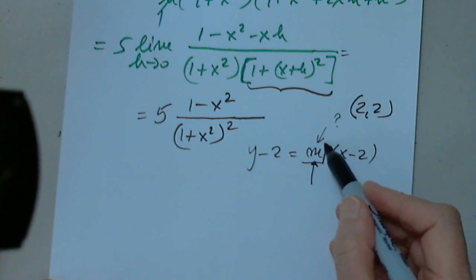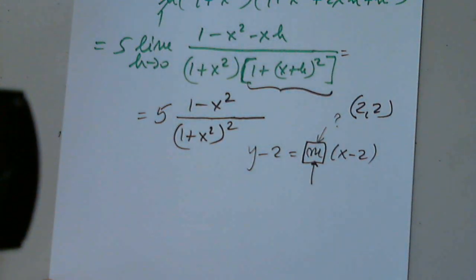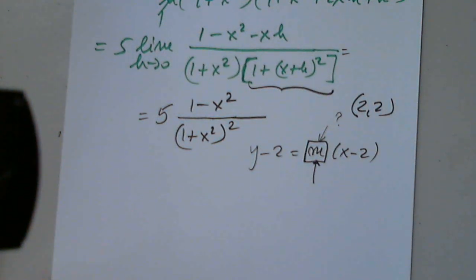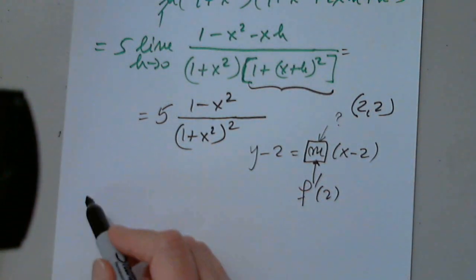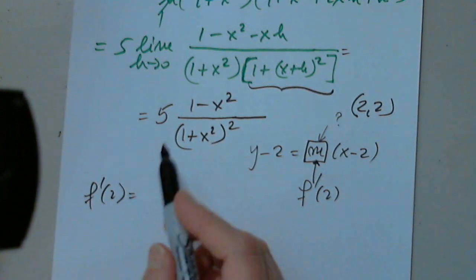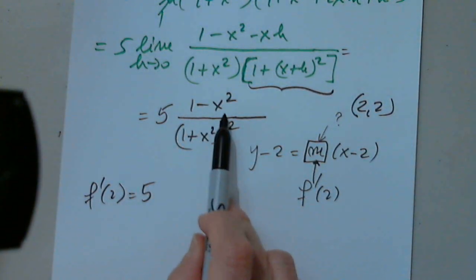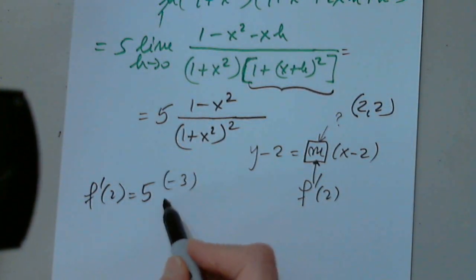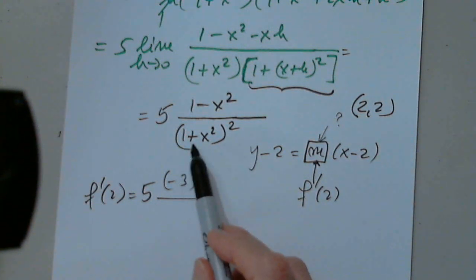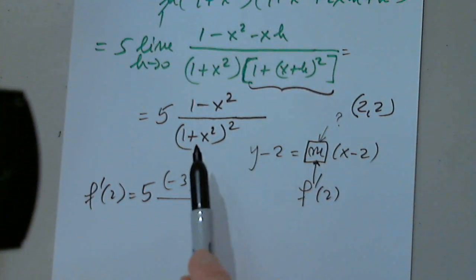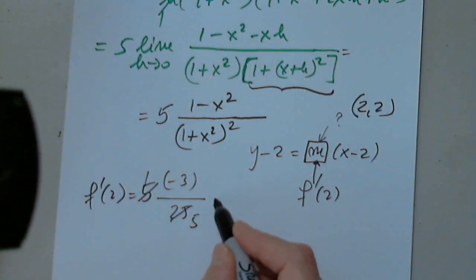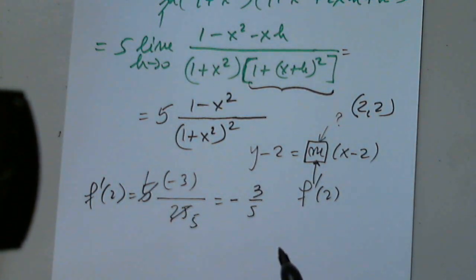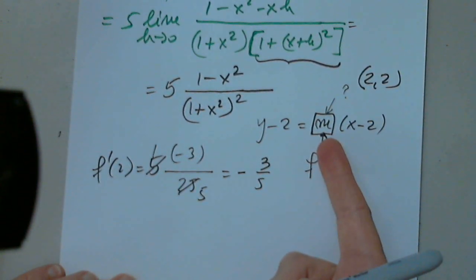How do we find the slope? When you plug in the 2 into the derivative? Exactly. This is f prime of 2. Awesome. Very good. So f prime of 2, 5 in front, 1 minus 4, negative 3 at the top, and 1 plus 4 is 5. 5 squared, 25, and we simplify. So it's negative 3/5. So this is what we get for the slope.